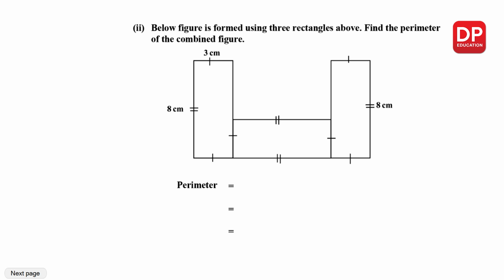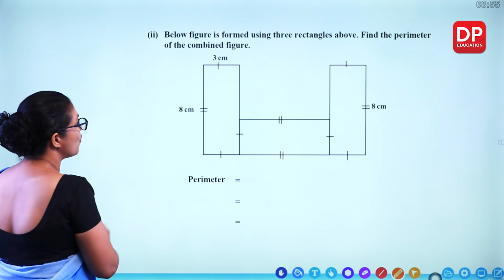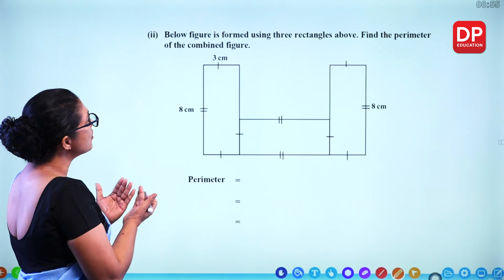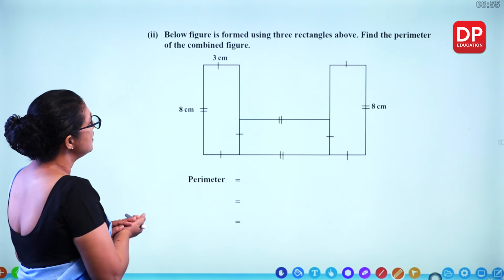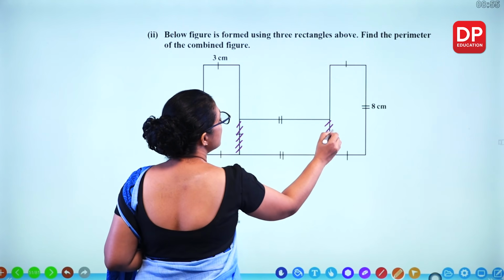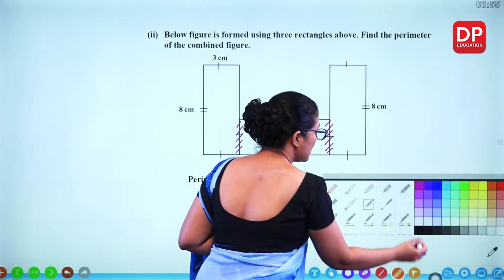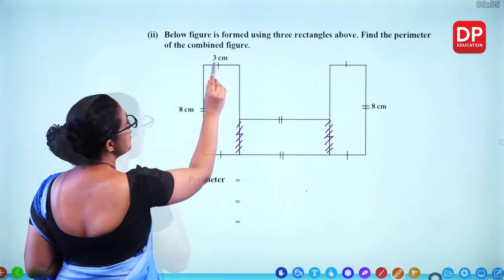Below figure is formed using 3 rectangles above. So same rectangles as before. Now when you combine all together, you get inside length. So you can't take these ones. So what's the outer length? Outer length, we'll count how many 3s?